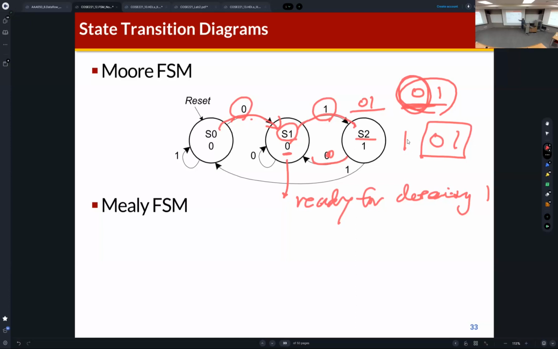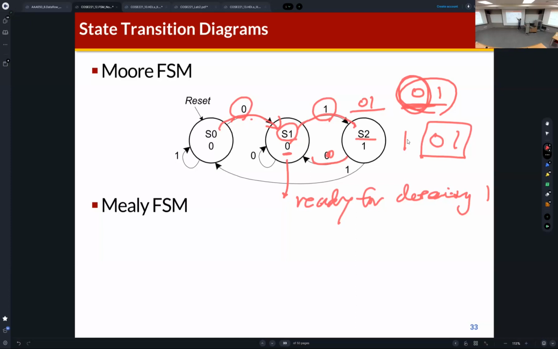It is a little bit tricky to define the states of the Moore machine, but if we define S2 as the state that can make the output 1, then we can define the previous state as S1. It's the ready for detecting 1.